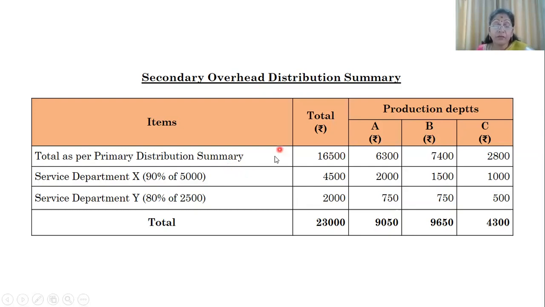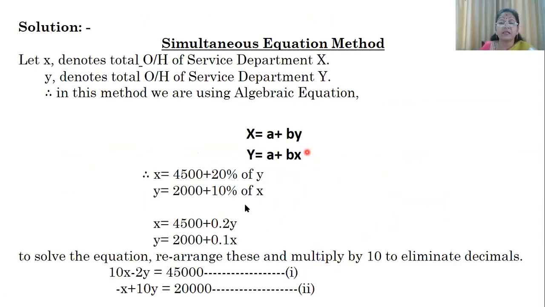After finding the value of department X and department Y, that is 5,000 and 2,500, we redistribute to the production departments on the basis of the given percentages we calculated. This is called the simultaneous equation method.